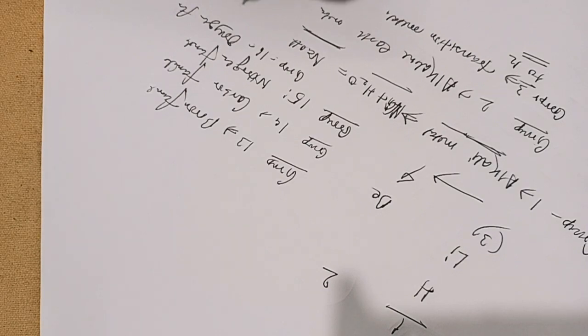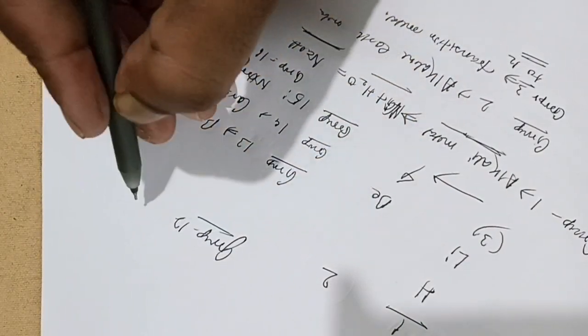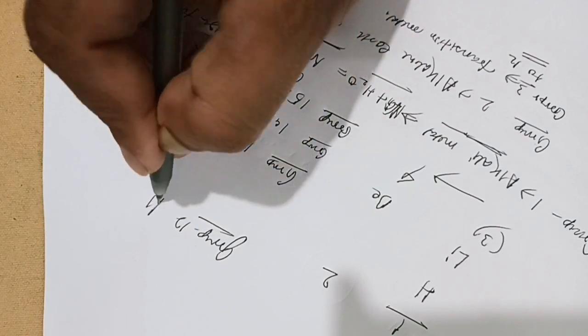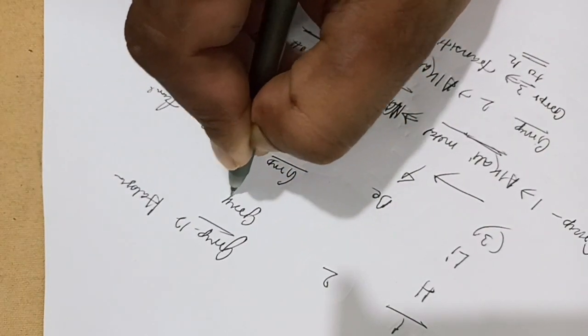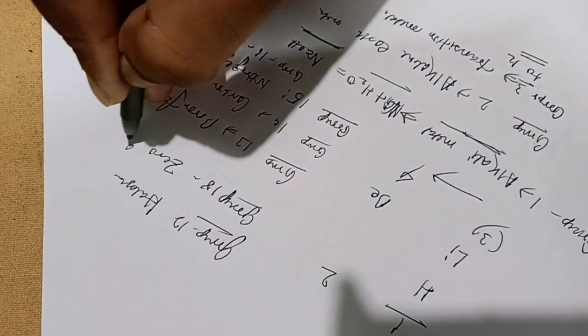Group 17, they are halogens. Group 18, they are the zero group.